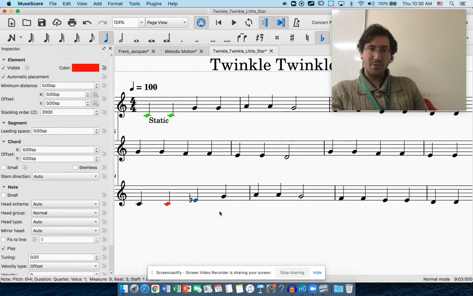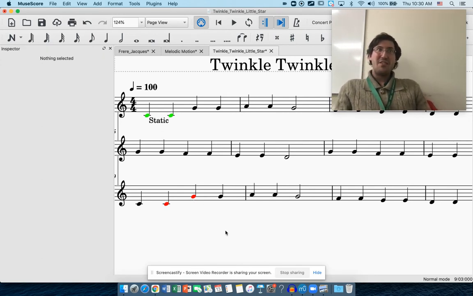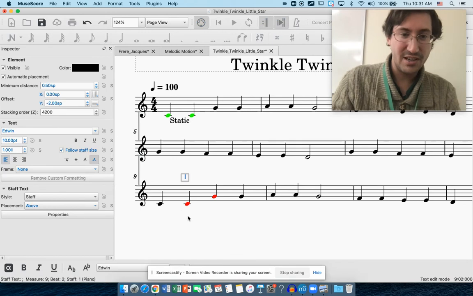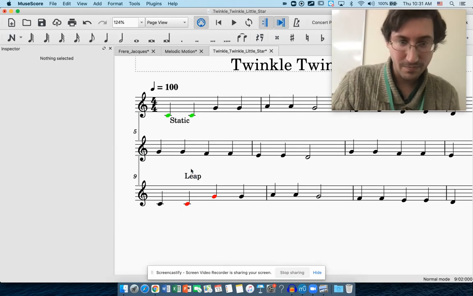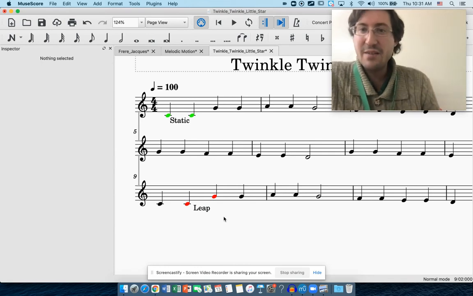So a step would put me here. A skip would put me here. So our target note was up here. What's our type of motion that we find if it's larger than a skip? We get a leap. So this here would be an example of a leap. Any interval that's bigger than a skip is a leap.